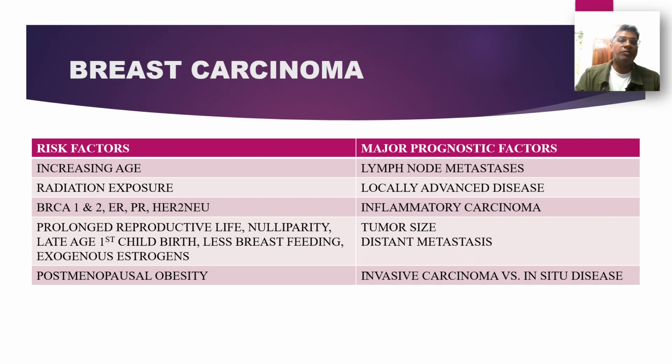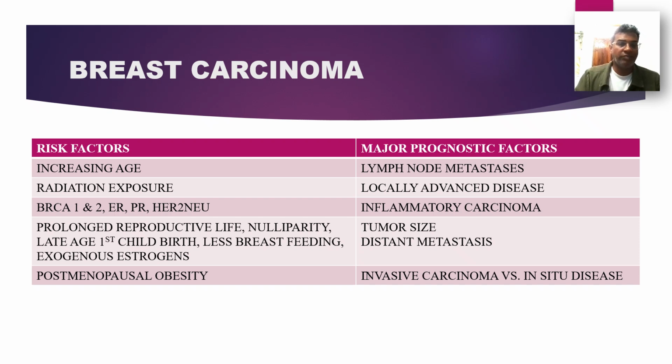Coming to the breast carcinomas, there are many factors called risk factors or prognostic factors that have an impact on breast carcinoma. The risk factors are increasing age, that is, it will be more in 60 to 70 year old females, and beyond that age there is increased risk of breast carcinomas.